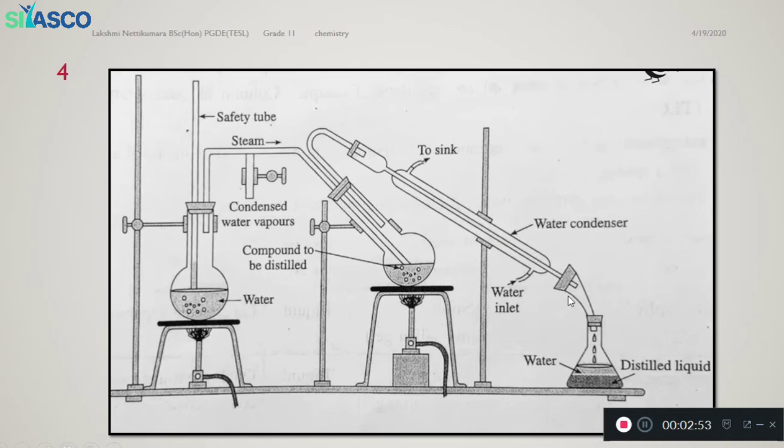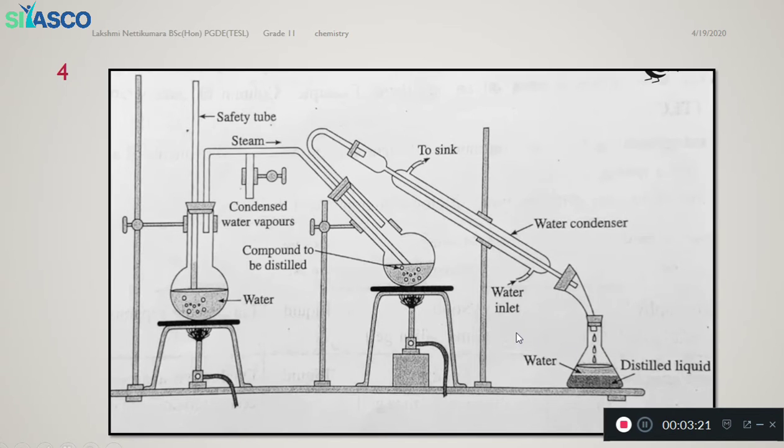While going through the condenser, the steam condenses, or comes to its liquid state due to cooling, and comes to the conical flask. When it comes to its liquid form, remember that these two, water and the distilled liquid, do not mix with each other.